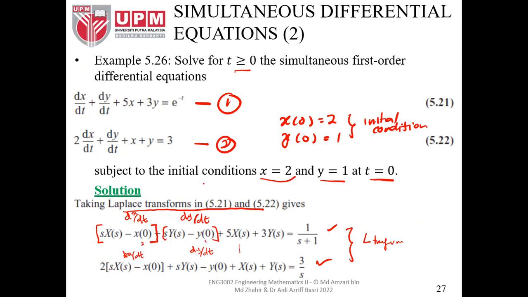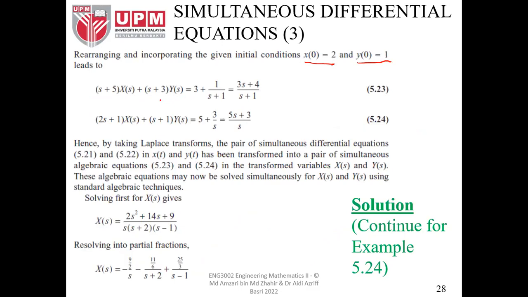When you calculate this, you put your X and Y on the left side and the rest on the right side. So what you will get is (s plus 5)X(s) plus (s plus 3)Y(s) is equal to 3 plus 1 over s plus 1. We write it in the proper way as (3s plus 4) divided by (s plus 1).